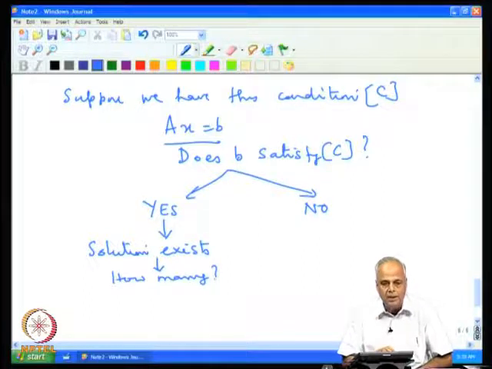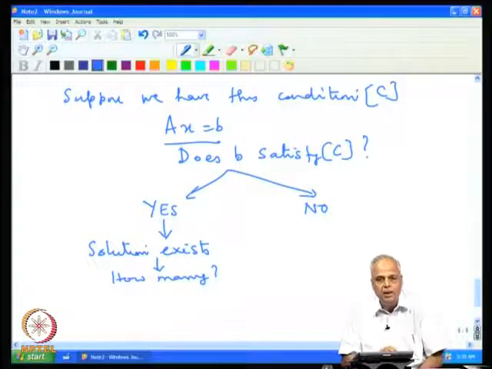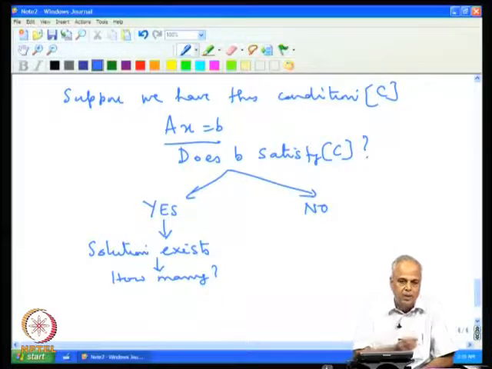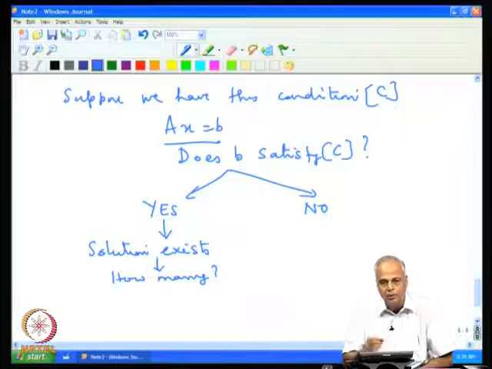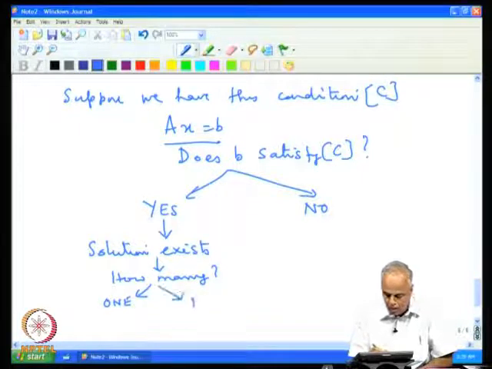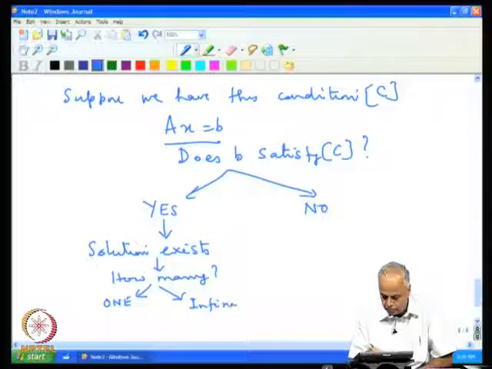This question arises because we have seen in the 2 by 2 system there are situations where we can get exactly one solution or situations where we can get infinitely many solutions. So the answers are going to be one or infinitely many.